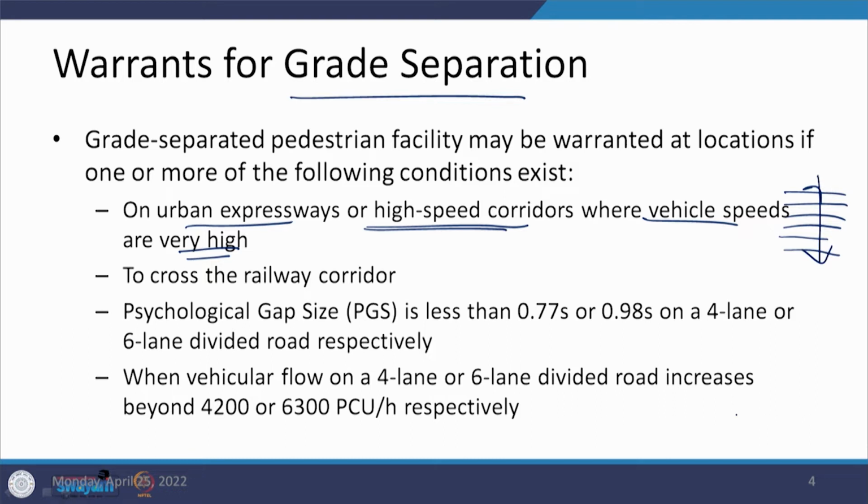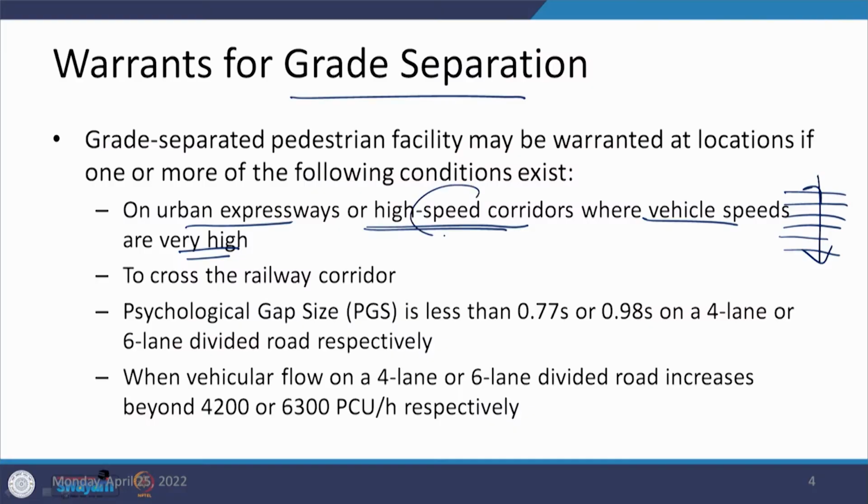If you have a combination of the total distance to be traveled to cross along with the speeds, it becomes too hazardous for the pedestrians to cross at grade. At grade crossing should not be there in such an environment.